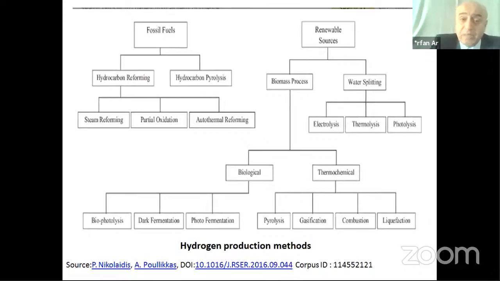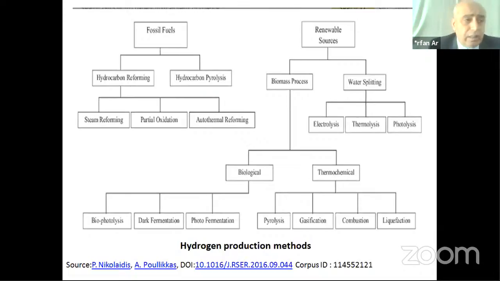There are several studies in the laboratories in order to produce hydrogen in a renewable manner by using renewable, environmentally friendly technologies. For example, proton exchange membrane electrolysis, alkaline electrolysis, or solid oxide electrolysis technologies. And finally, microbial electrolysis technologies are used for hydrogen production.